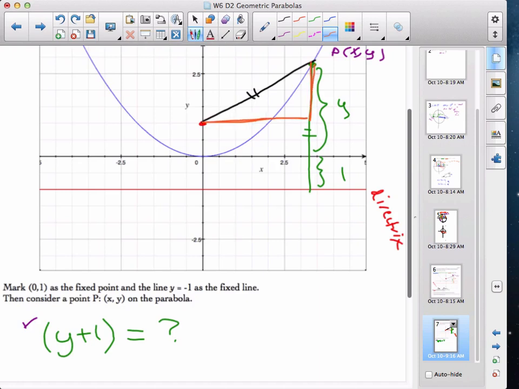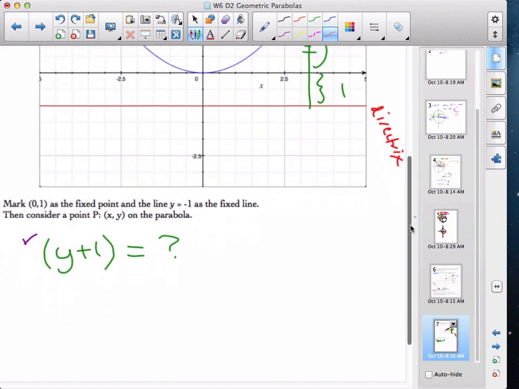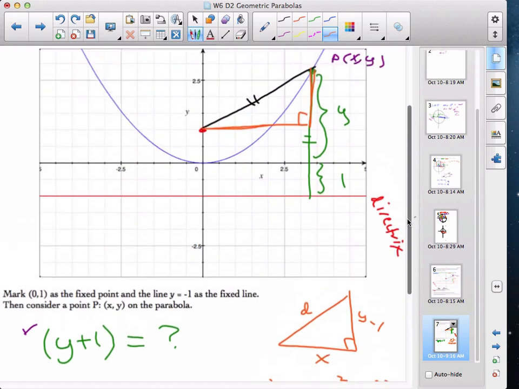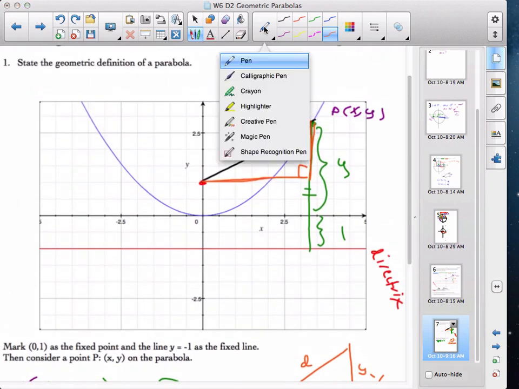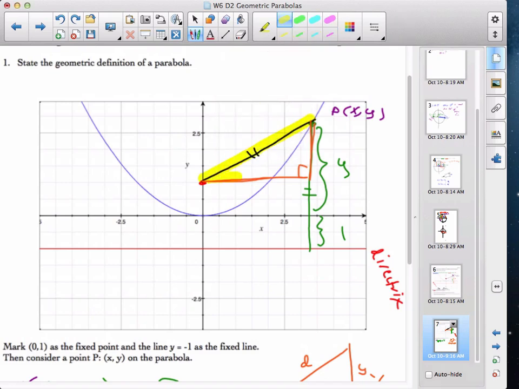And if we were to take that out of the graph, one side would be y minus 1, and then it'd be x there, and then the hypotenuse would be, if you were to write y minus 1 squared plus x squared equals d squared. That's the Pythagorean theorem, so we use it on this triangle right here.